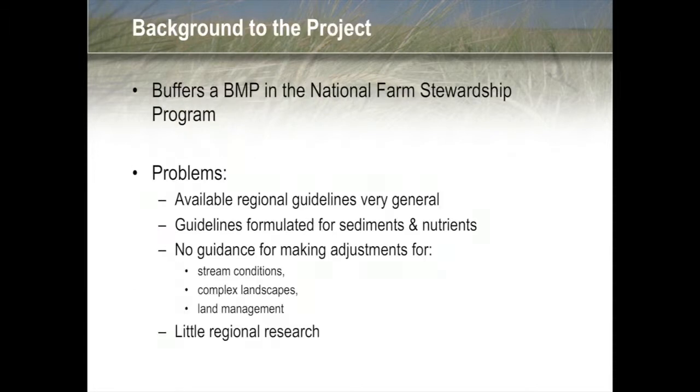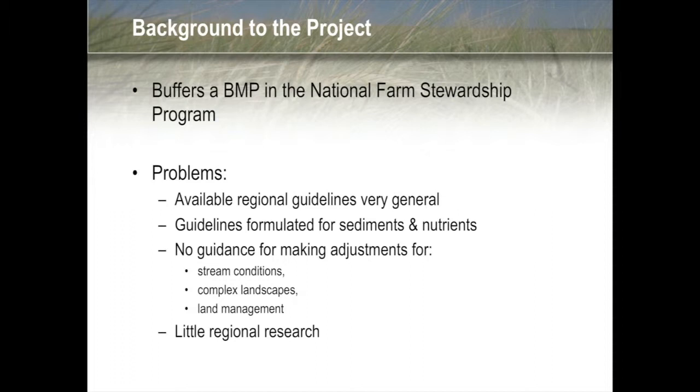One of the reasons we started developing this tool was back about maybe 10 years ago. The federal and provincial ag policy framework brought in a program to provide financial and technical assistance to producers to implement beneficial management practices, a whole range of them.